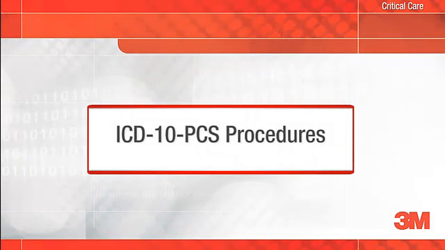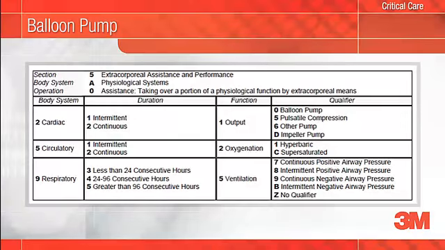We'll take a look at a few procedures that may be performed in a critical care unit to give you some exposure to ICD-10 PCS codes and associated documentation requirements. Here you see the table the coder will use to construct the code for a balloon pump. Of particular interest is the column labeled duration.